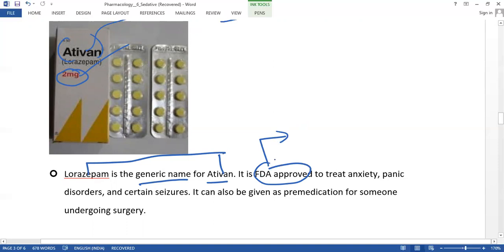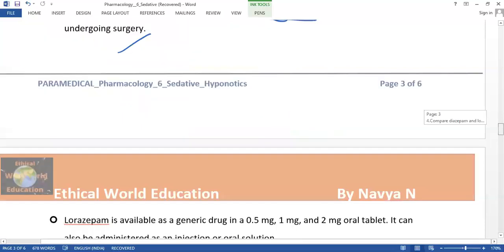It is an organization, and the drug has to be approved by this center. It is used to treat anxiety, panic disorders, and certain seizures. It can also be given as a pre-medication for someone undergoing surgery, before the patient goes under the surgery.